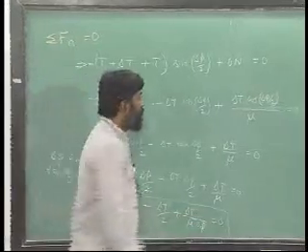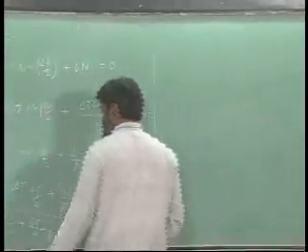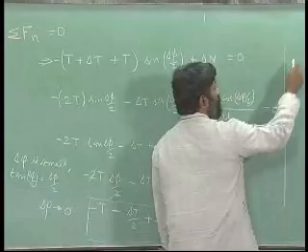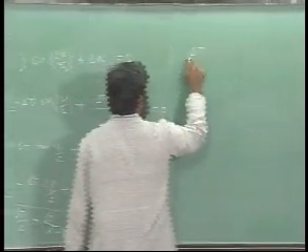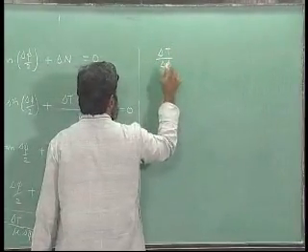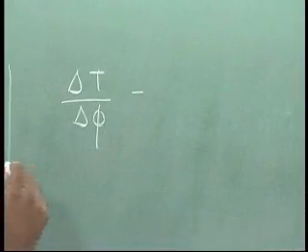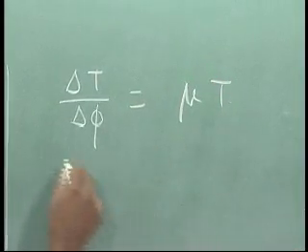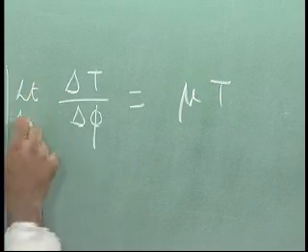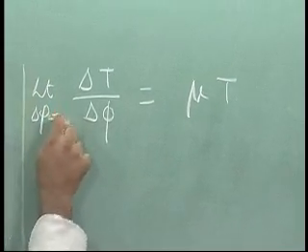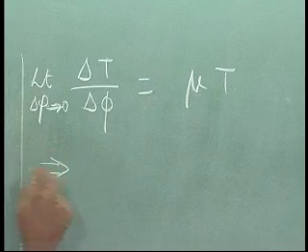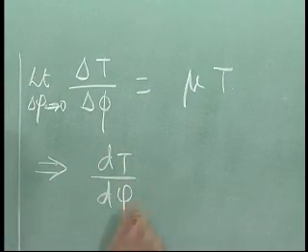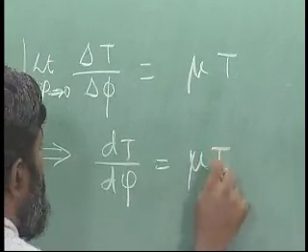Therefore, from this equation, delta T by delta phi is equal to mu times T, and in the limit as delta phi tends to 0, dT by d phi is equal to mu times T.